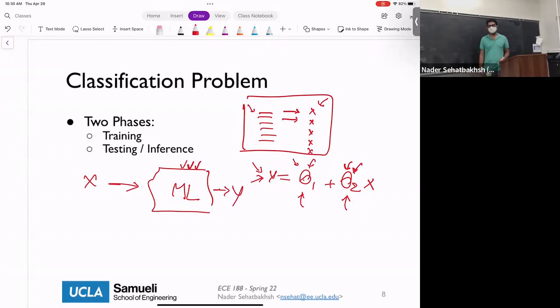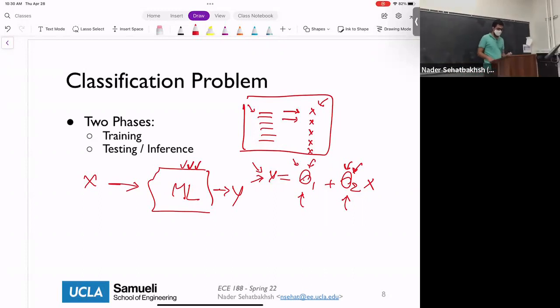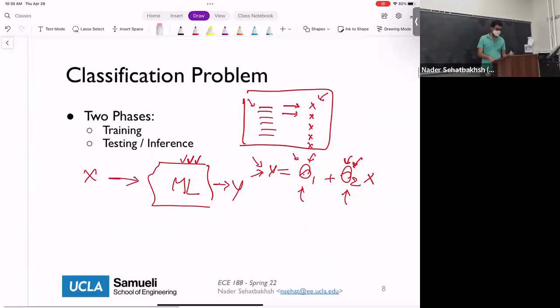And this way we can just keep using this model to predict the outcome of the system based off this new x. Again, this could be regression or classification, it doesn't matter. In both cases, the model works like this. For classification, this y would be some discrete values. For regression, this y would be an actual continuous line. Does it make sense?